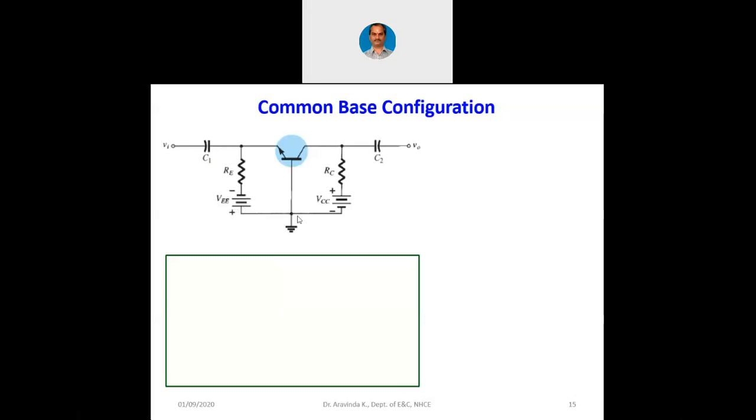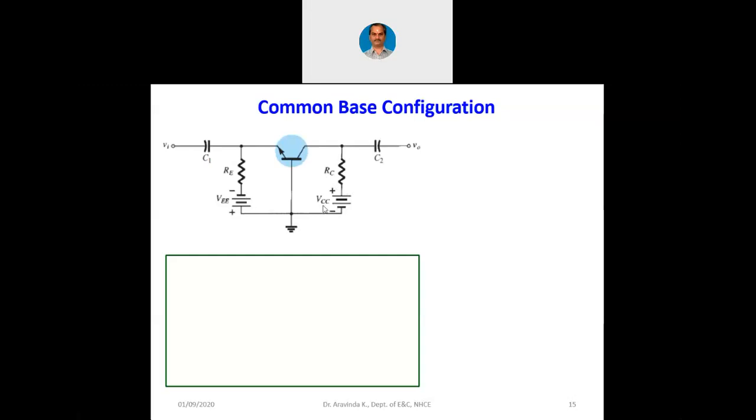Now you may again think that this VEE positive terminal is grounded, VCC negative terminal is grounded, will they not oppose each other? You may think that way, that these two batteries plus and minus terminals are connected to ground, and minus and plus terminals connected to emitter and collector respectively. Will they not cancel each other?